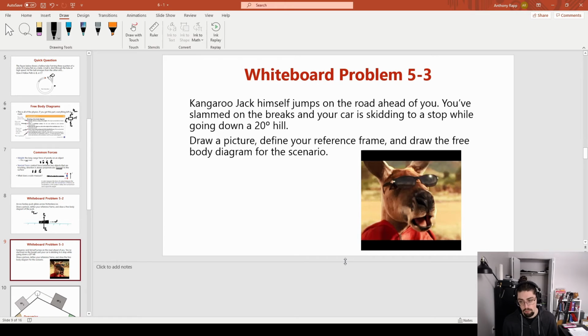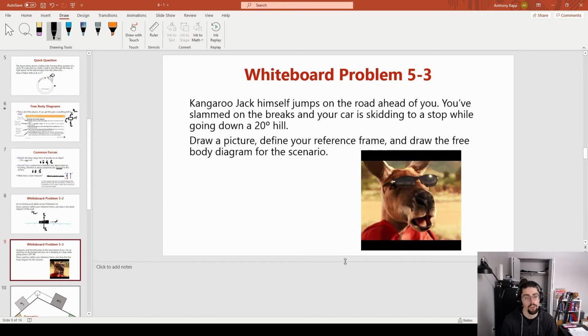Draw a picture, define your axes, and draw the free body diagram, everything as you see fit in this picture. See what you can come up with on this one. I am looking for more forces than I just saw, right? So at least 3. Whether it's more than that, I won't say quite yet.